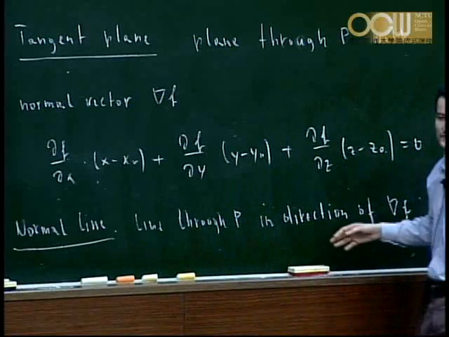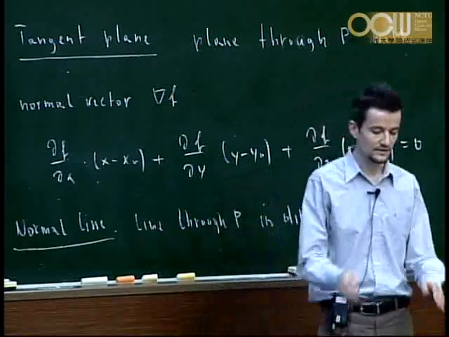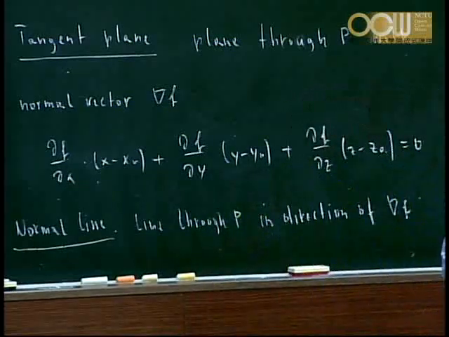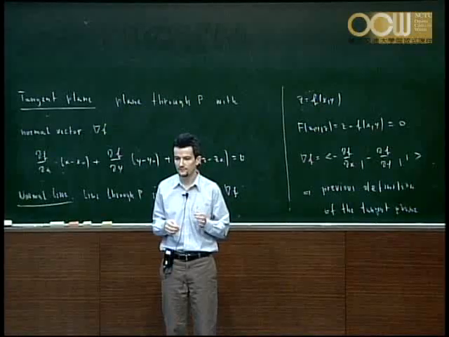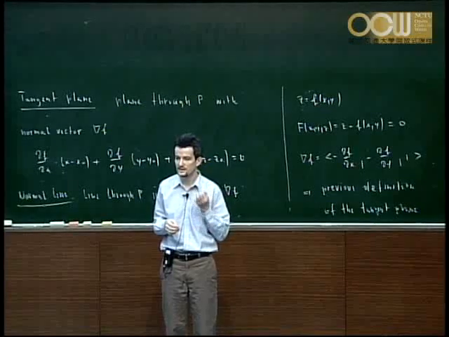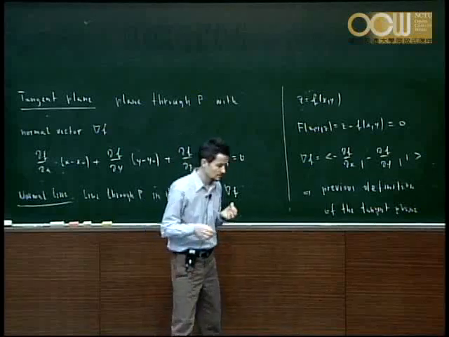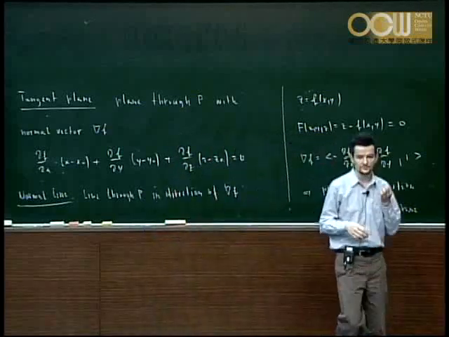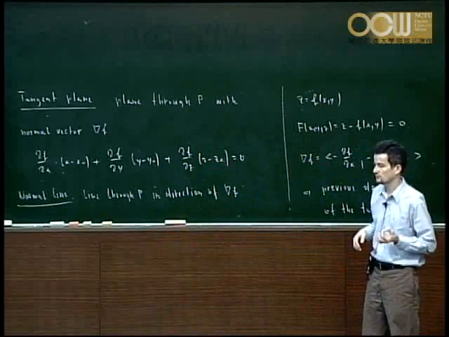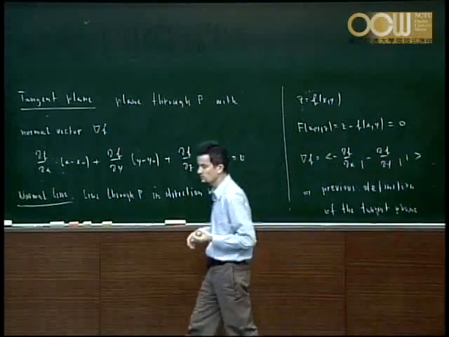But the other way to look at this is that we have just proved that the gradient at some point of a function of three variables is perpendicular to the level surfaces of this function. So this means that the gradient has two important properties.